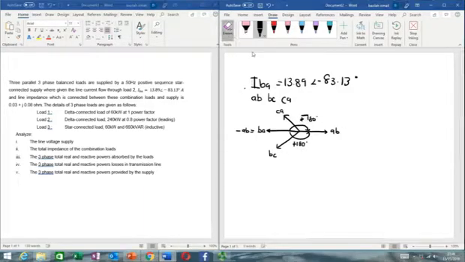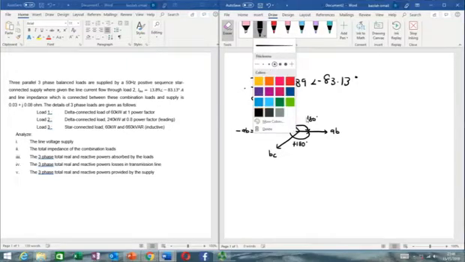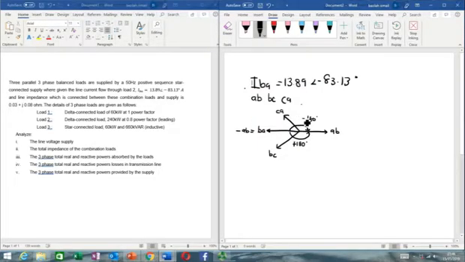Okay, let me erase this. So the value for IAB should be 13.89 plus 180, so this one will be 103.13 ampere.